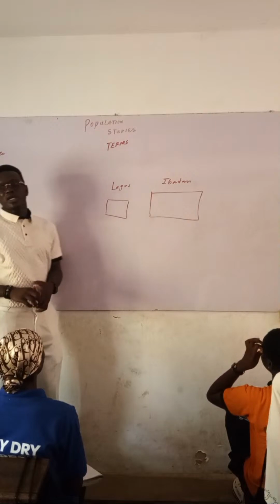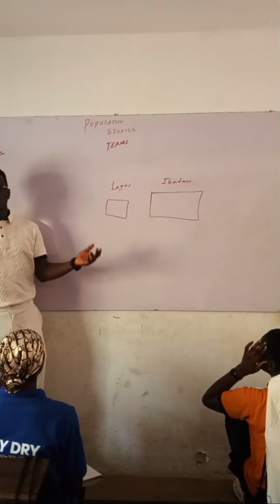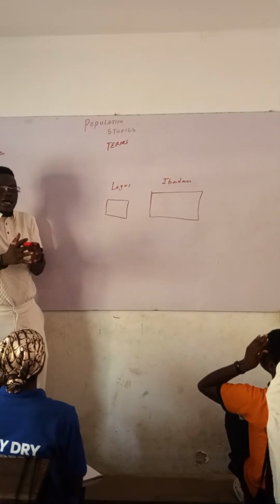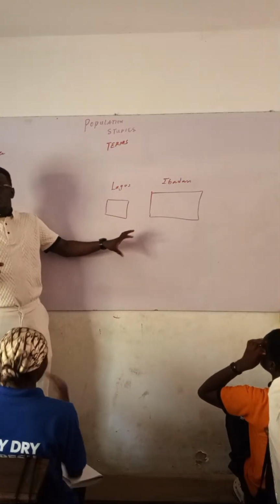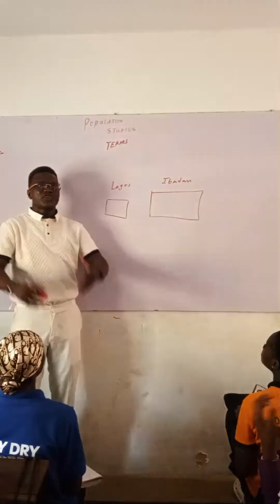If you count the populations of people in Lagos, it might be so many. But all of them are choked up in a particular space. Lagos is not that big compared to Ibadan. Abi, Ibadan is very big.